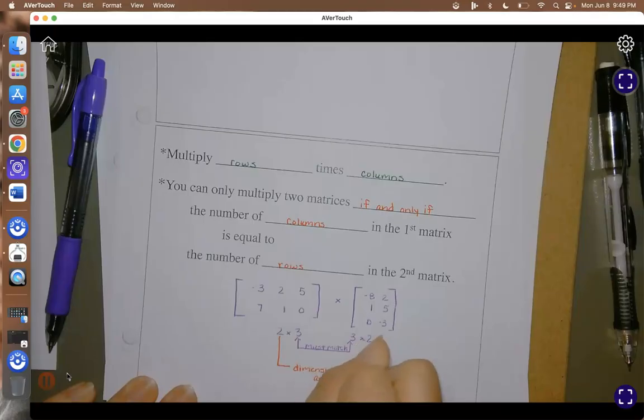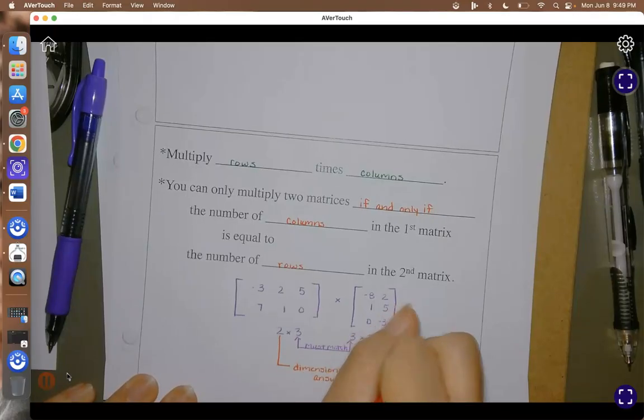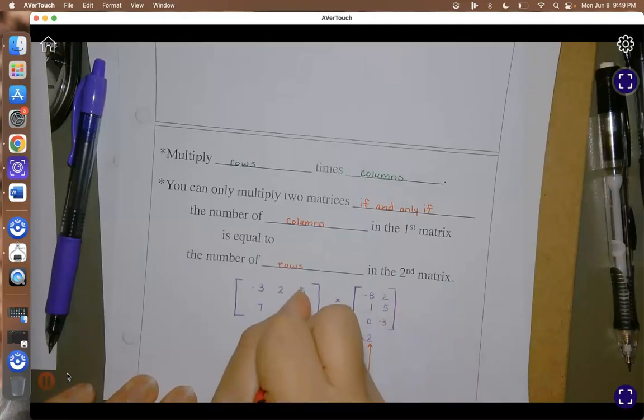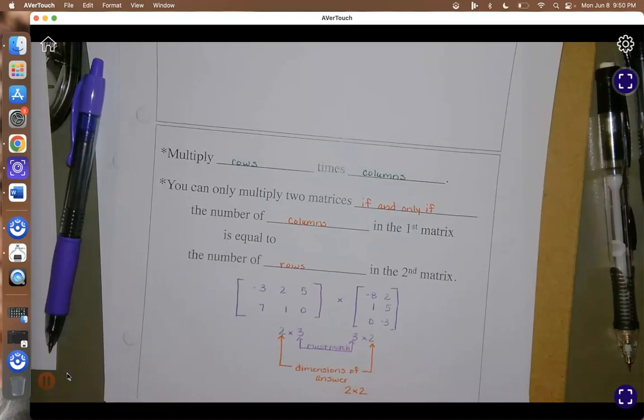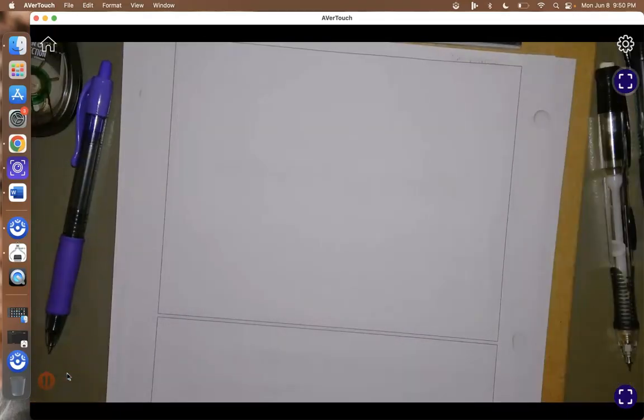When we multiply these two matrices together, we can do it because the middle numbers match, but our answer is going to be a 2 by 2 matrix. Okay, cool. So now we're just going to work some problems.